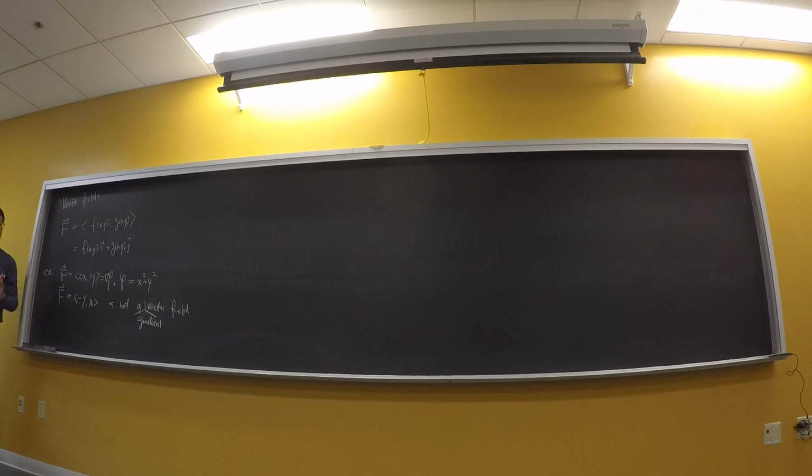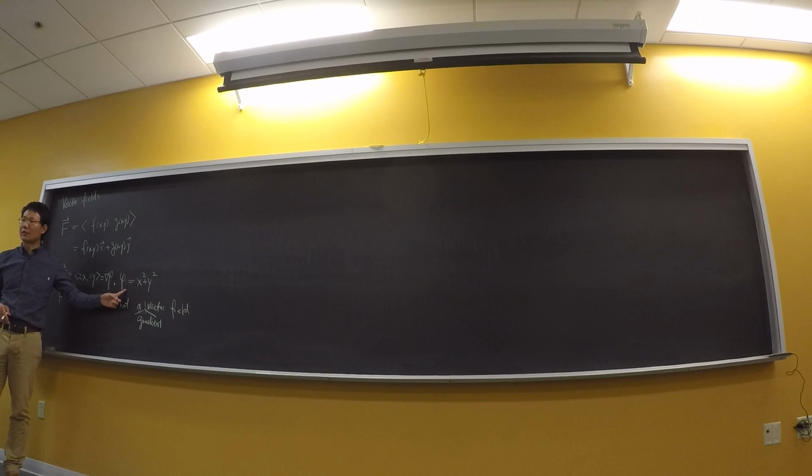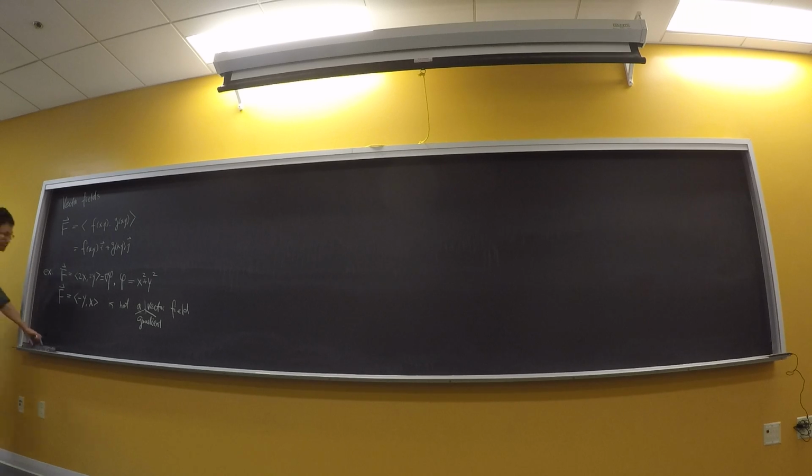Some of them are conservative, some of them are not. So one of the most important jobs we want to do is to determine, for a given vector field, whether it is conservative or not, right? This is the very first job we have to do. If it is conservative, can we find the potential function or the parent function? How do we find that? This is a very realistic problem we have to solve.